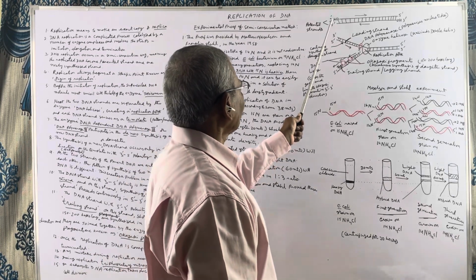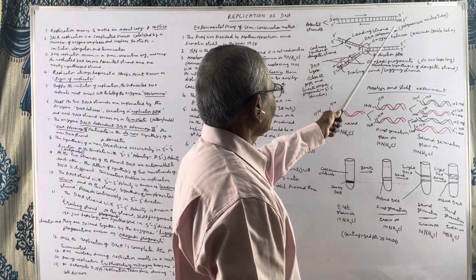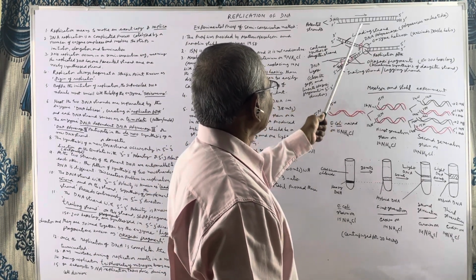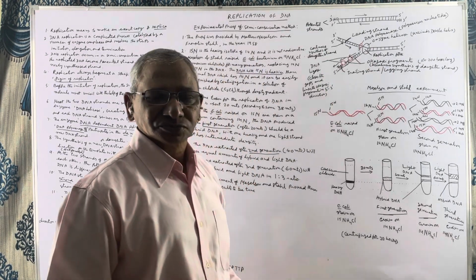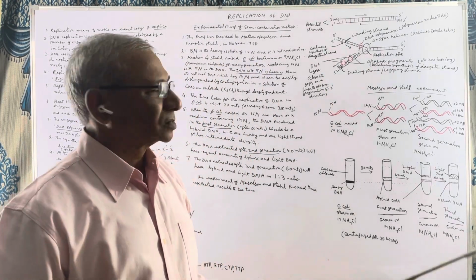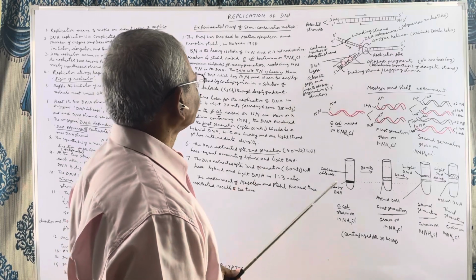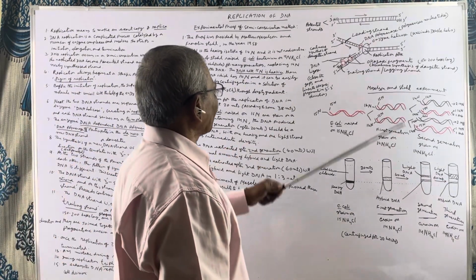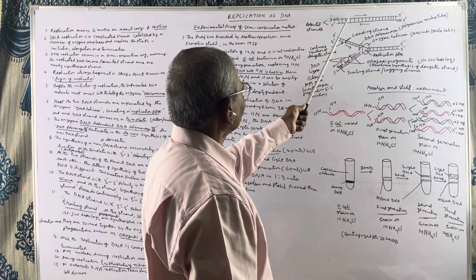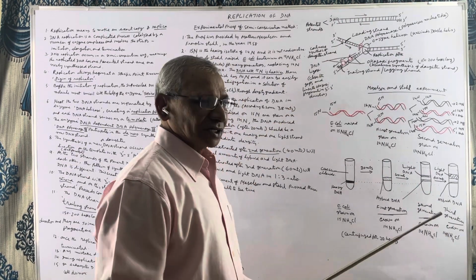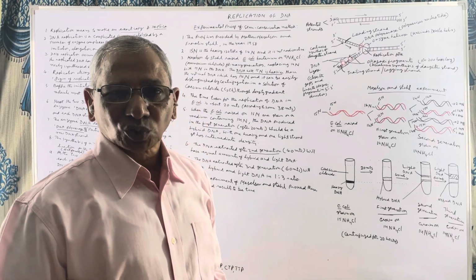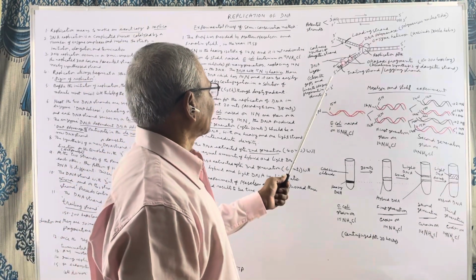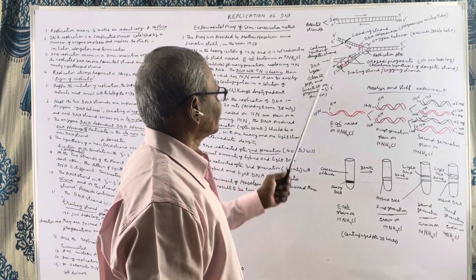One strand runs in 3-5 direction and another strand runs in 5-3 direction. During replication, these two parental strands synthesize their own copies, which are known as daughter strands.